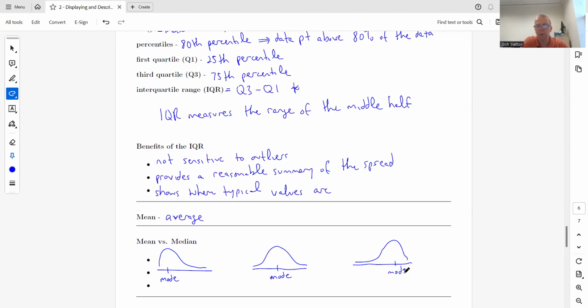And now where would the mean and the median be in relation to the mode? Well, I'm sure you know how to calculate an average. You add up all the data points, you divide by how many you have. So if you have any outliers, those are going to be in the calculation. You probably have experience with this.